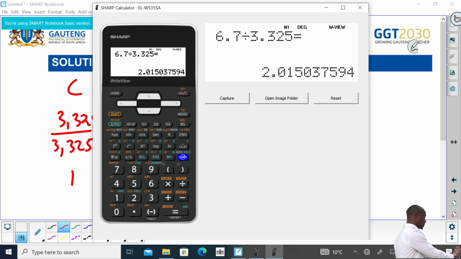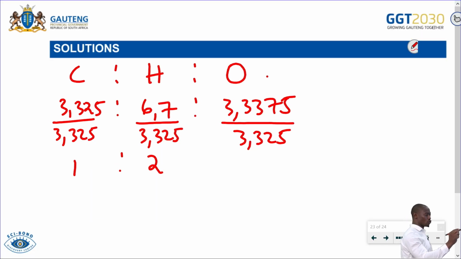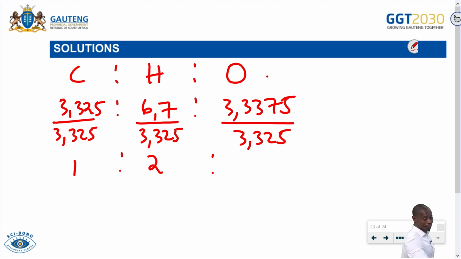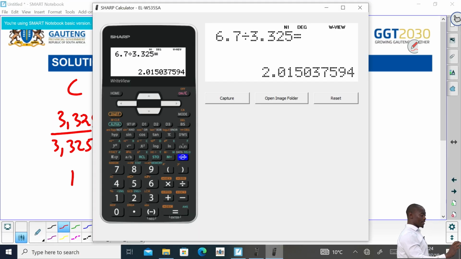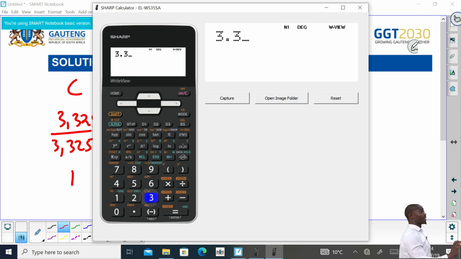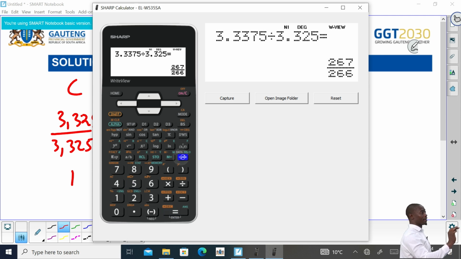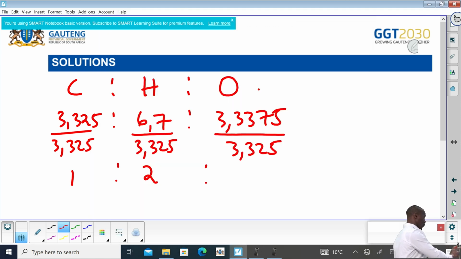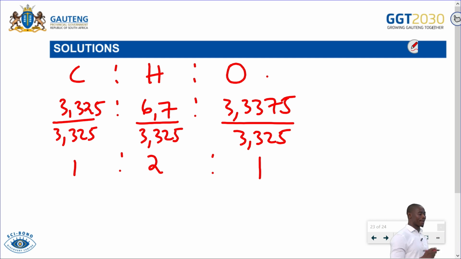So here I'm having 2. Then here, what am I getting? 3.3375 divided by 3.325. What am I having here? It is approximately 1, 1.0073. So it's approximately 1. So here it's 1.